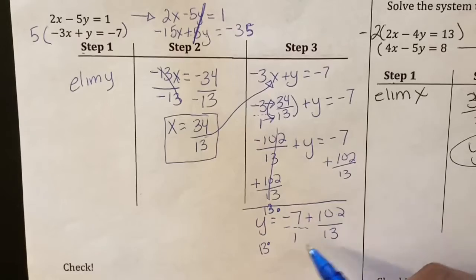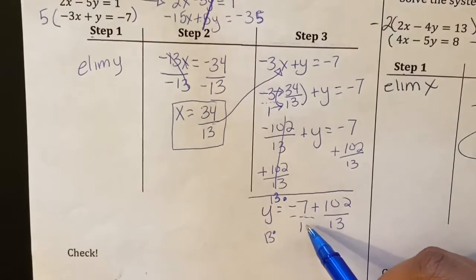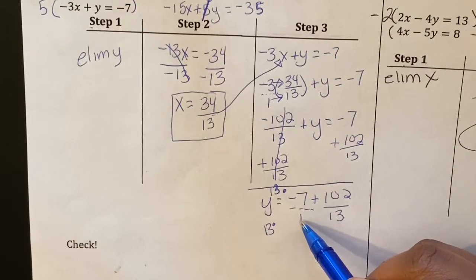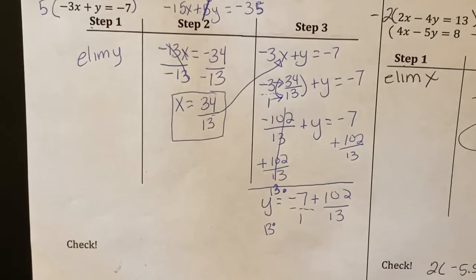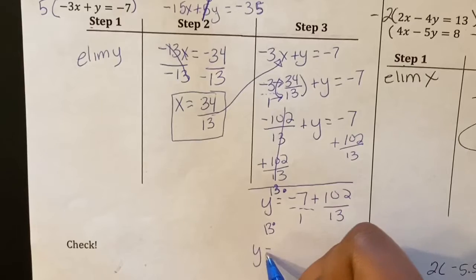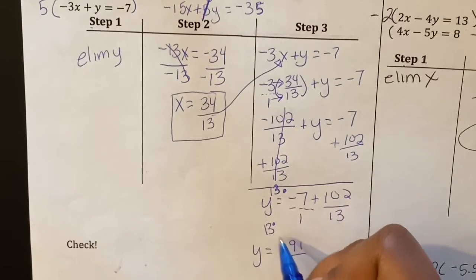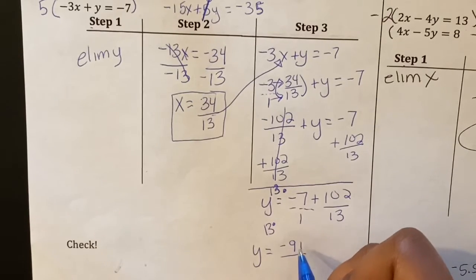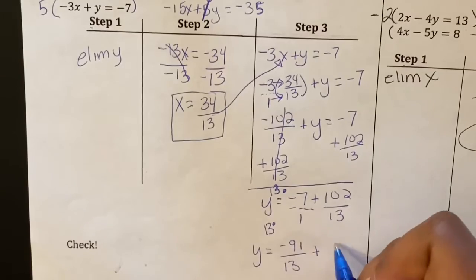That's going to make my denominator 13 here. So negative 7 times 13 is negative 91. So y equals negative 91, and then 13 times 1 is 13.